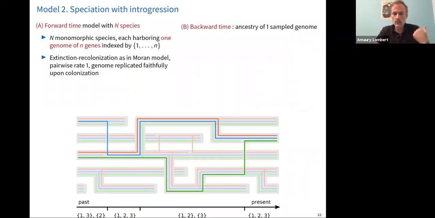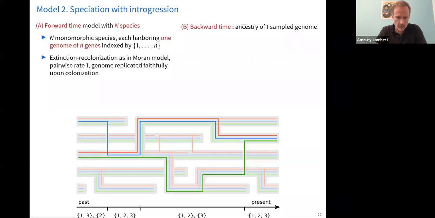And exactly as in the models that I introduced last week, you assume that the species undergo an extinction-recolonization type of model, like the Moran model, where at rate 1 per pair, each species kills another species and replaces it by a copy of the genome that it contains, exactly as in the picture here.